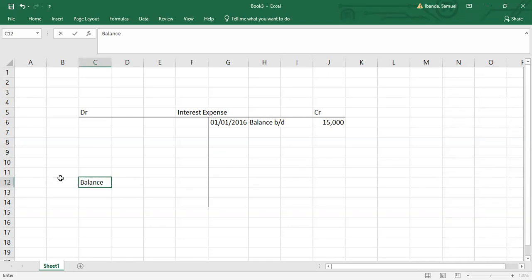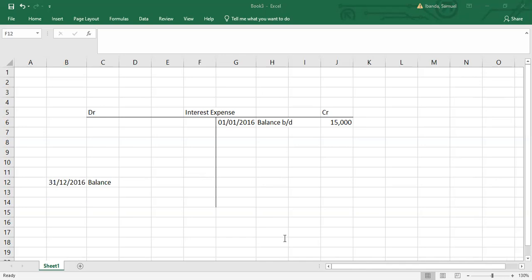On 31st 2016, the balance that I'll record is this 3,250. This is what I'll come and record here.